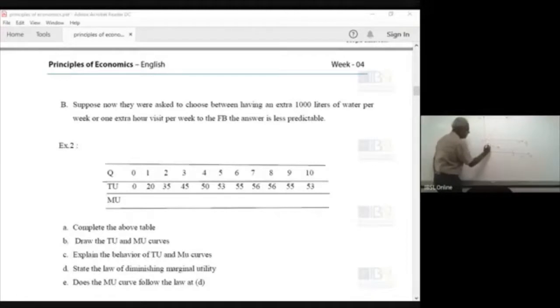Marginal utility might increase here. In this case, continuously diminishing. The marginal utility curve can be like this also. Marginal utility up to this point might increase, then diminishes. Eventually diminishes. Anyway, obviously diminishes.